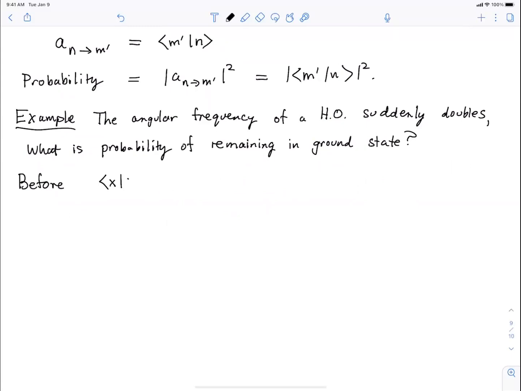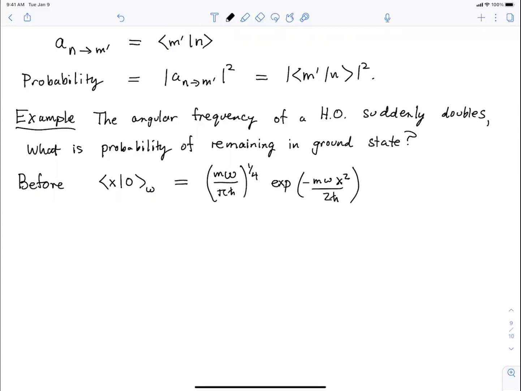The wave function for the ground state of the harmonic oscillator with angular frequency omega is, we look back and we discover it was this thing, (m omega over pi h bar) to the 1/4, exponential of minus m omega x squared over 2 h bar.